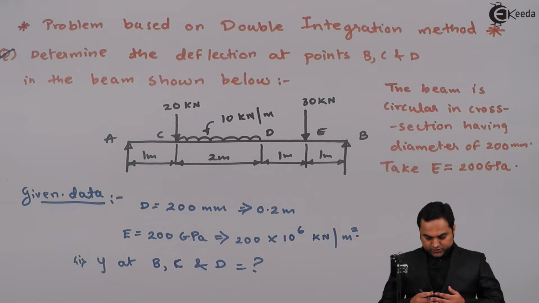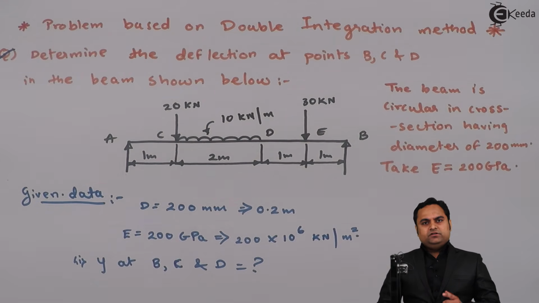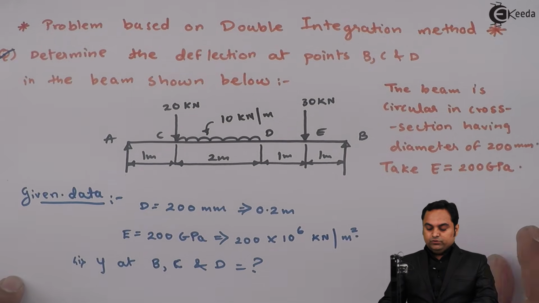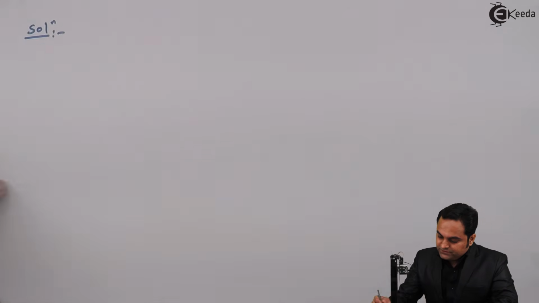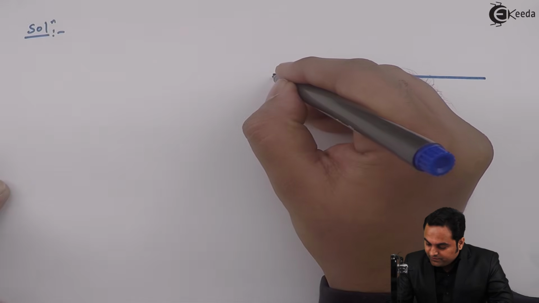In order to solve this question, we are going to use the double integration method. And for that, the first thing is we should know the beam reactions. So in the solution part, I'll draw the diagram of the beam again.